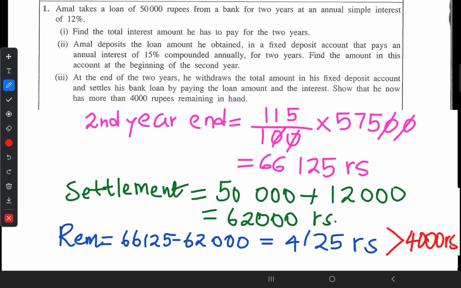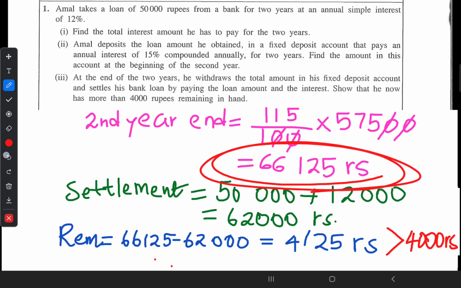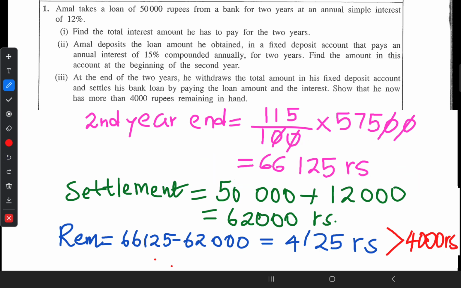In these questions, when you receive a question like more than or less than, you should denote it using an inequality. So 4,125 is greater than 4,000. You should write: after the end of 2 years, after settlement, the amount he has from the fixed account was 66,125.